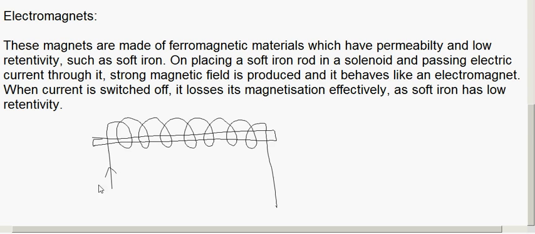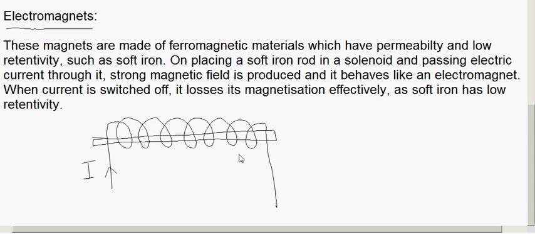Then on passing an electric current, a magnetic field is produced and the soft iron rod will behave like an electromagnet. So this is how you can magnetize this ferromagnetic material, by passing an electric current. That is why it is called an electromagnet. By passing an electric current, you are making the ferromagnetic material a magnet.